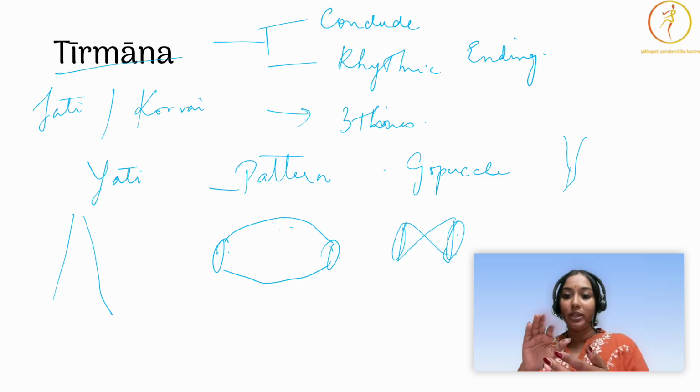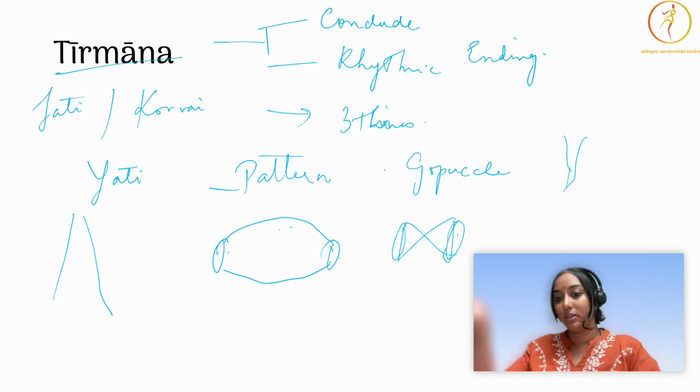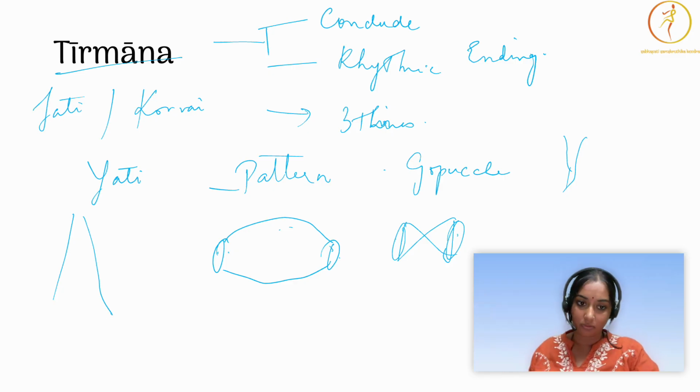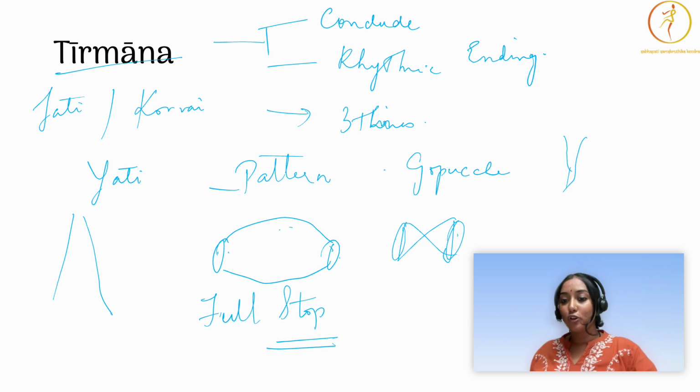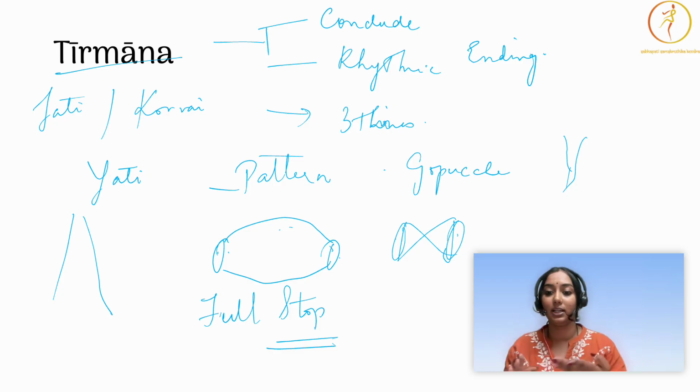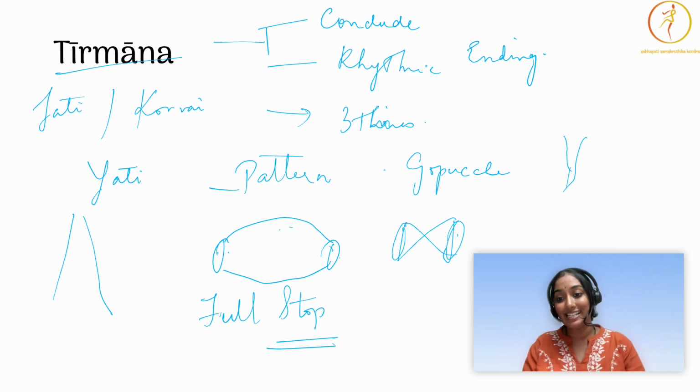So, you're doing a full stop. Takadigu kadadagadom tam. You're finishing it, and it stops with sama, and you can maybe take the sahitya of whatever. So one scholar has told that tirmana acts as a full stop. That is why the adavu is called Muktaya adavu or Tirmana adavu, because it is done in the end, denoting the ending.